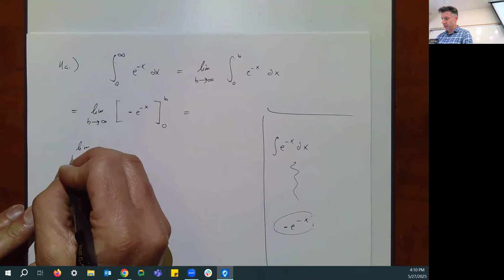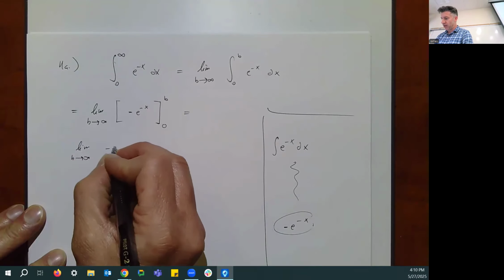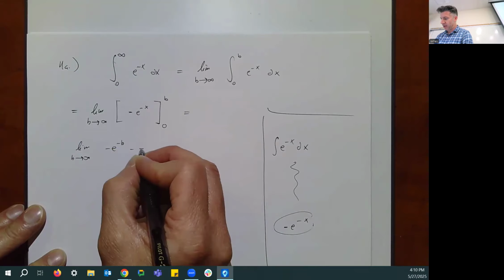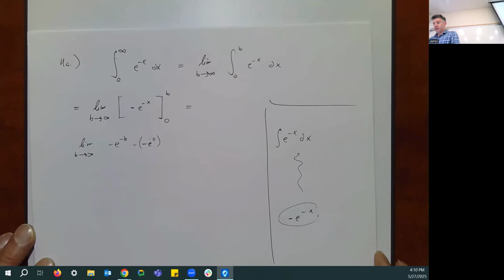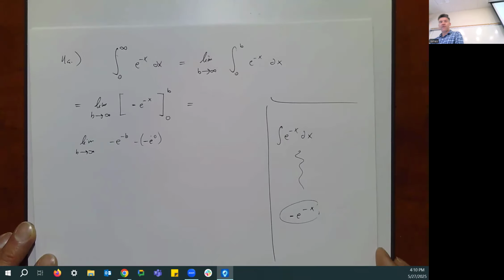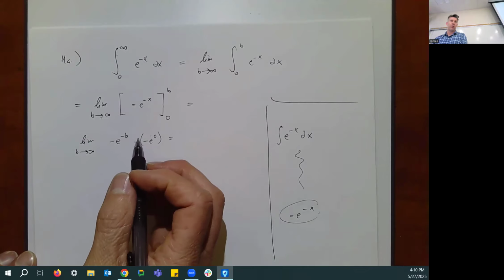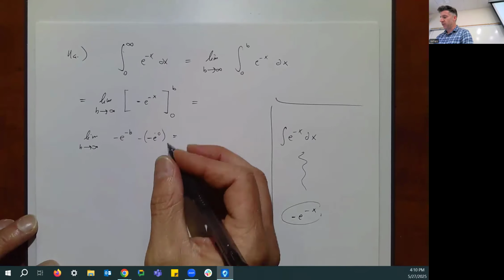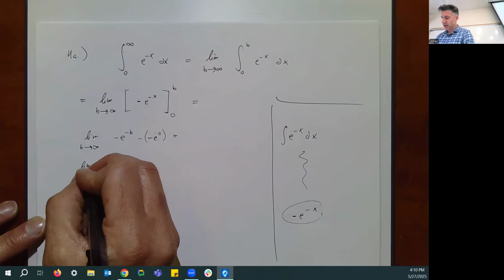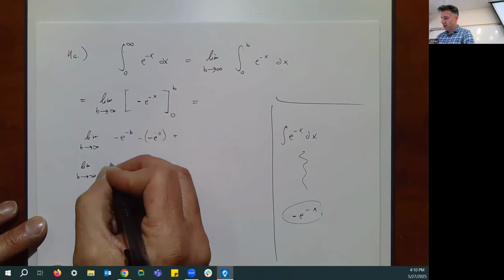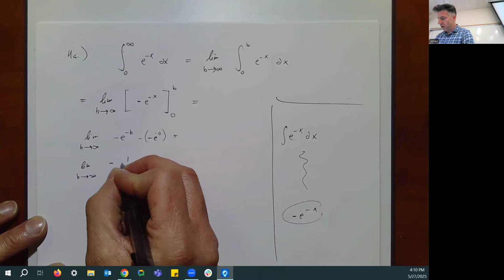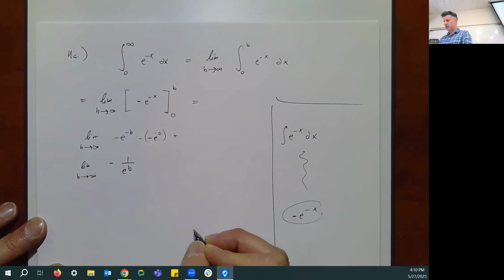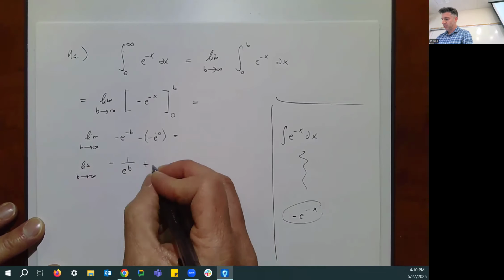We get the limit as b goes to infinity of negative e to the negative b minus negative e to the 0. Now be careful here. I personally would choose to do this: I don't like negative infinity as a power, and it's always hard for me to remember that e to the negative infinity is 0. It's much easier for me to remember that this is the limit as b goes to infinity of negative 1 over e to the positive b plus e to the 0, which is 1.